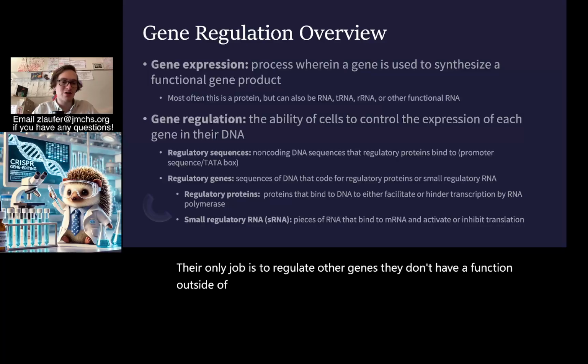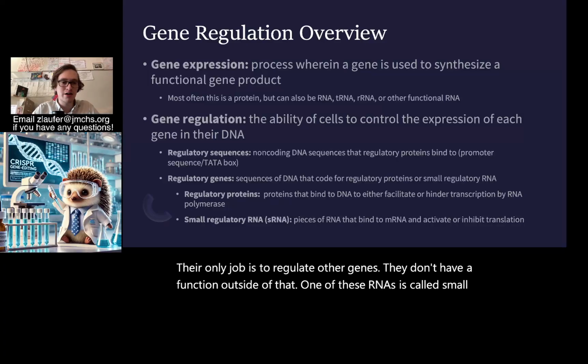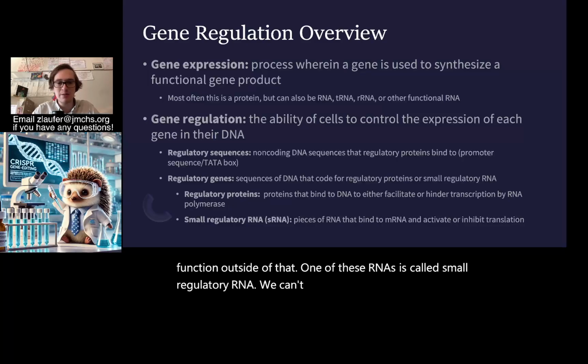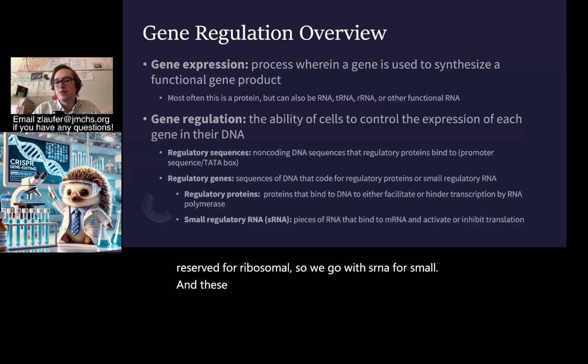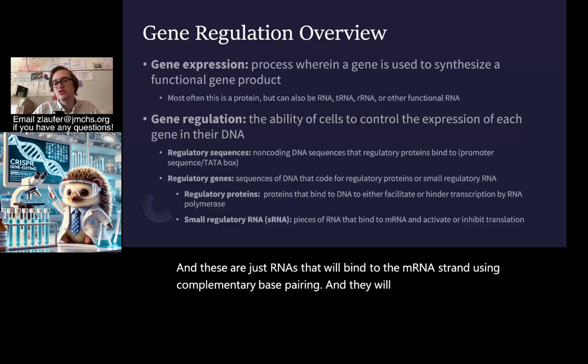They don't have a function outside of that. One of these RNAs is called small regulatory RNA. We can't use rRNA because that's already reserved for ribosomal, so we go with sRNA for small. And these are just RNAs that will bind to the mRNA strand using complementary base pairing, and they will either activate or inhibit translation.